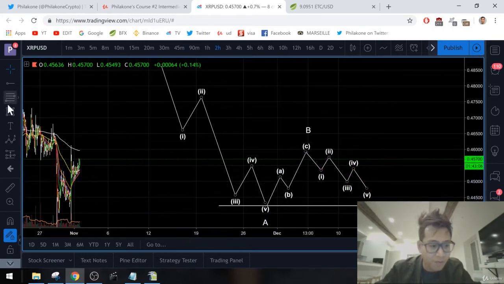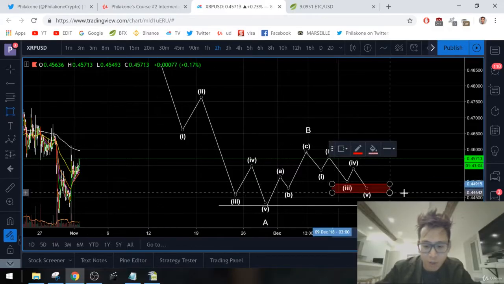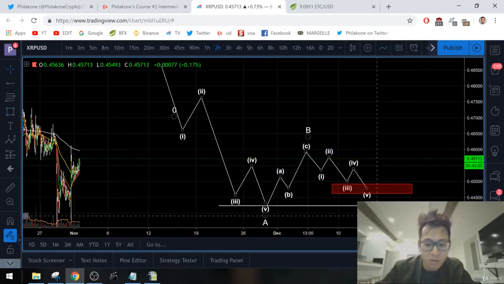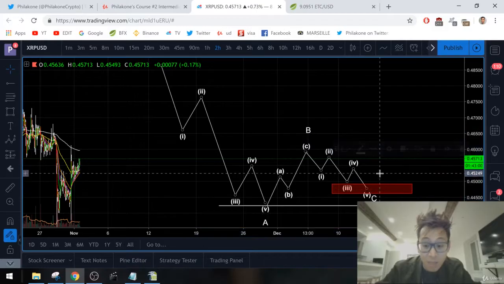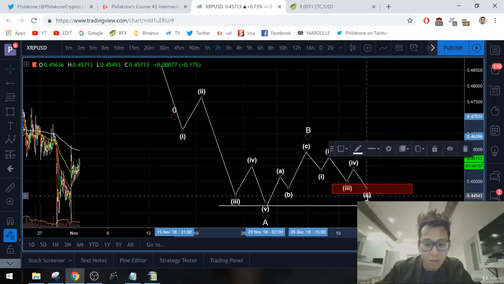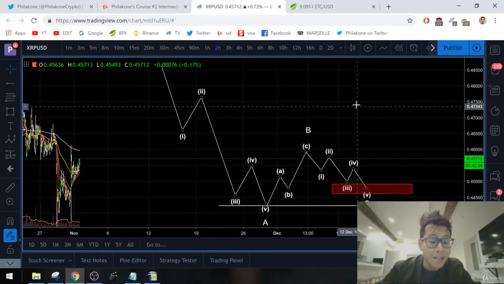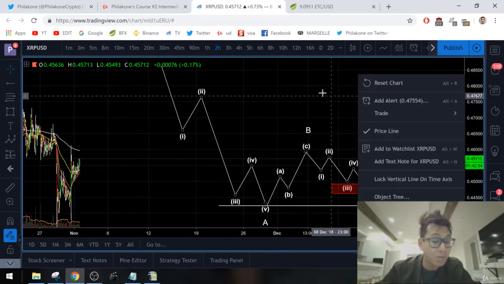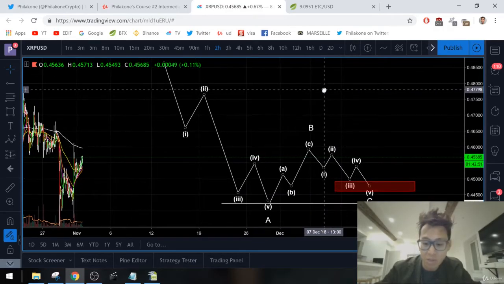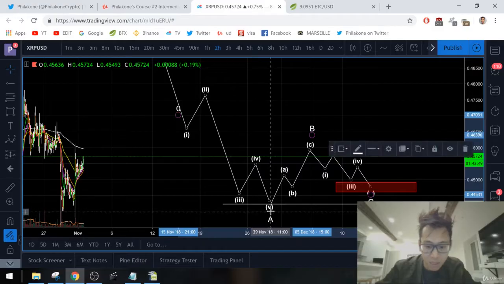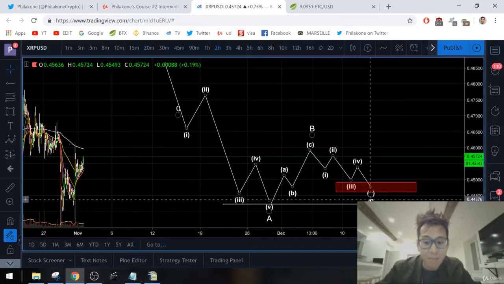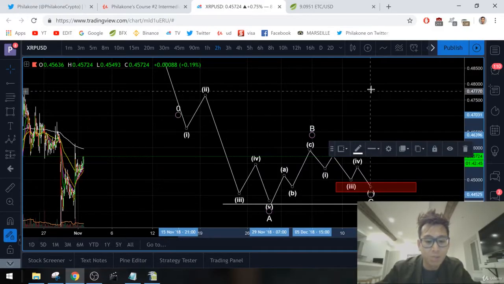So it falls short of A because A falls down too hard and too fast with too much volatility and too big of a percentage move down. So if that happens, C can also be truncated.